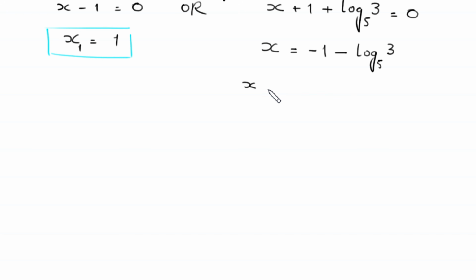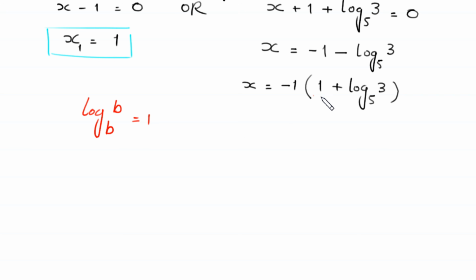Next, x is equal to, from these two terms we can factor out negative 1 as a common factor, and in brackets, 1 plus log base 5 of 3. Now by using this log property, log base b of b is equal to 1, we can write this 1 as log base 5 of 5.